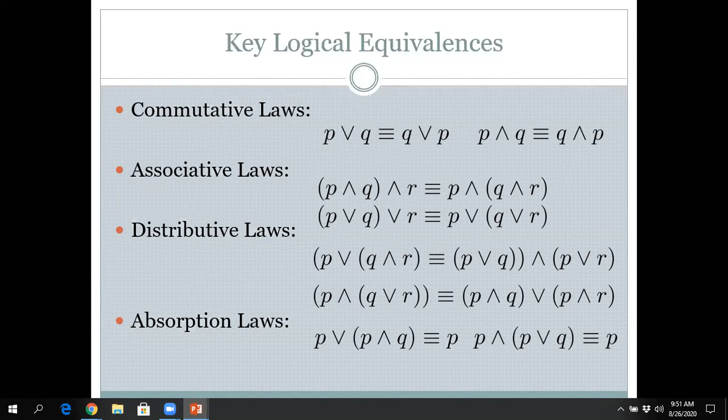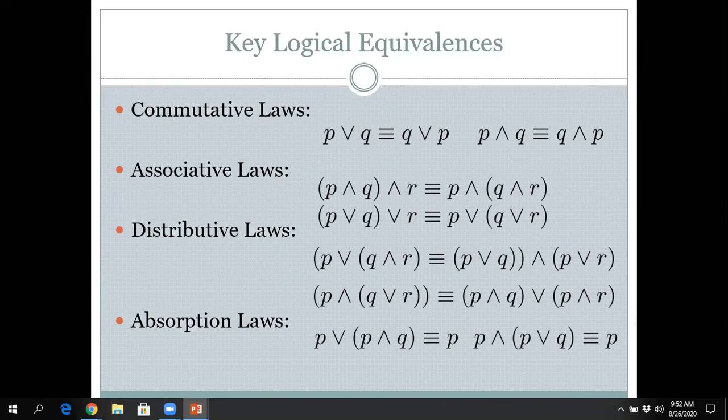So think about it for a second. If P is true, what's automatically going to be the case about that or? True. What if P is false? Automatically false. Therefore, that thing on the left has the exact same truth value as P itself. So yes, that is what I meant to write.